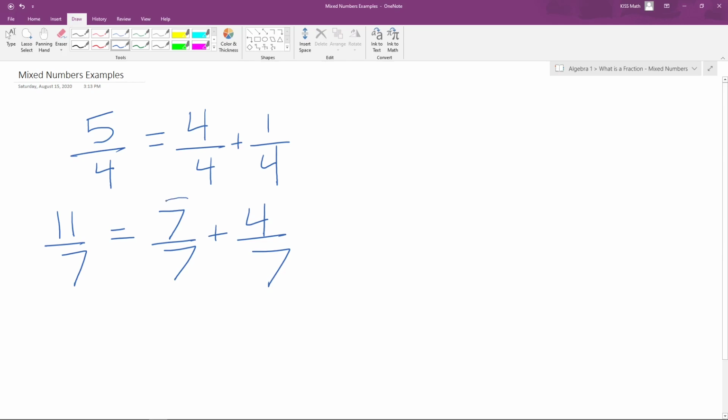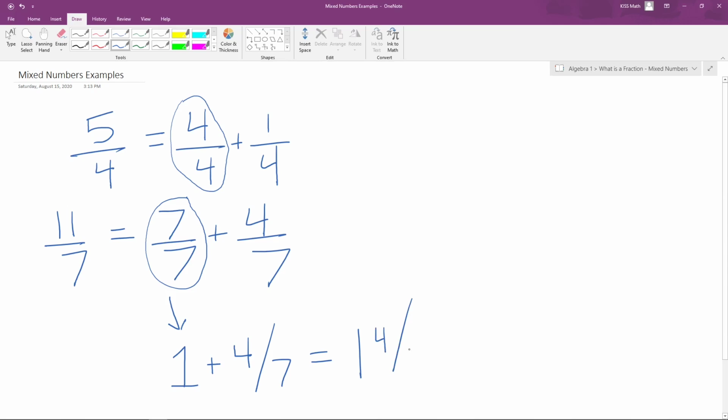And this 7/7 here is actually the same as your 4/4 that we had in our last example, right? So this would become 1 again, and you still have your 4/7, and you take your whole number, your fraction, you put them together, and you can get 1 4/7 cup as your mixed number.